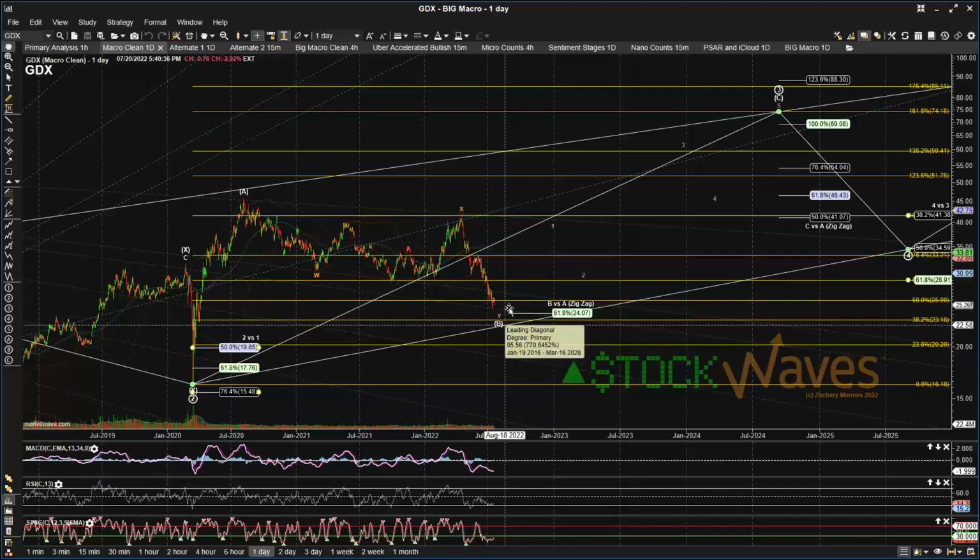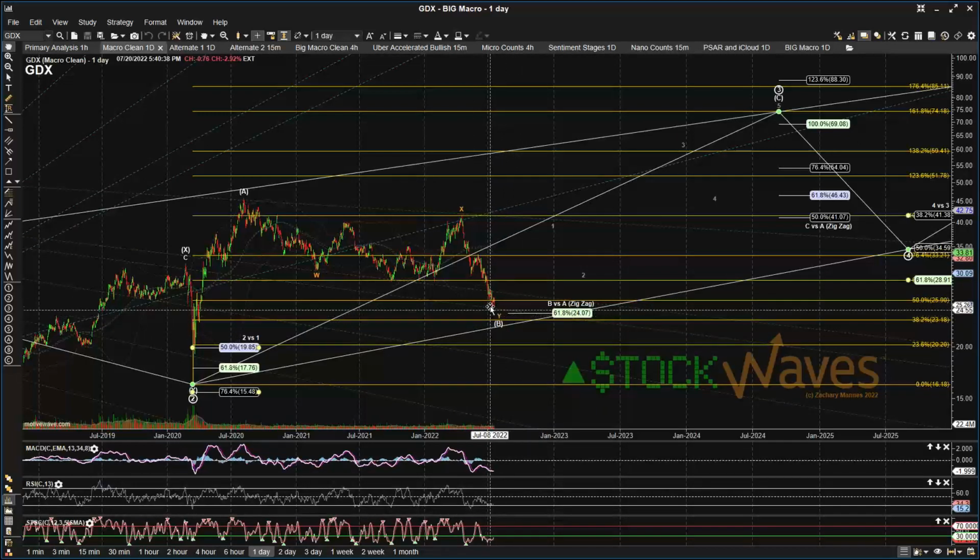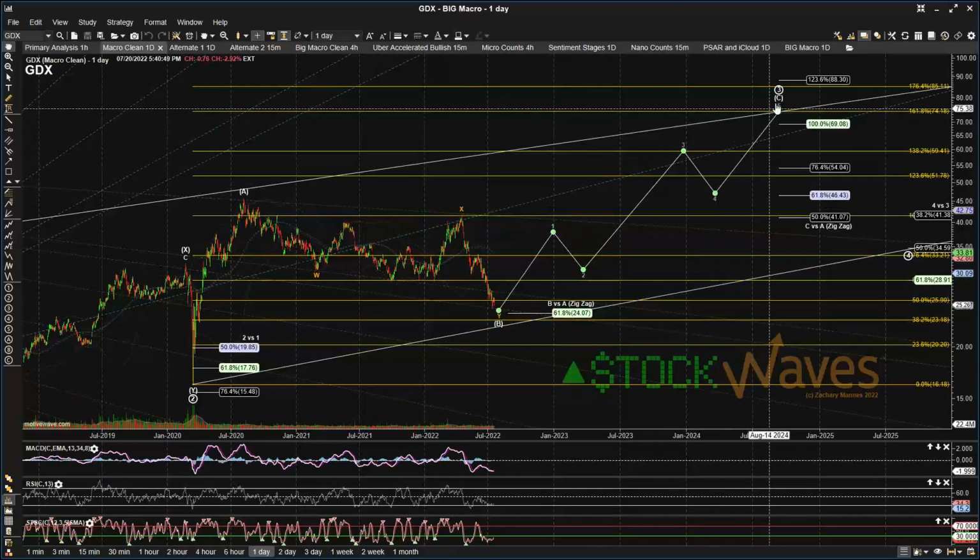But from any bottom that we make here, once we drop, if we need any final drops, we'll be looking for a reversal as 5 up and 3 down, for a 1-2 start to what should be wave 1 of the C wave, and a 1, 2, 3, 4, 5 wave up move, targeting the 70 to 75 region longer term.